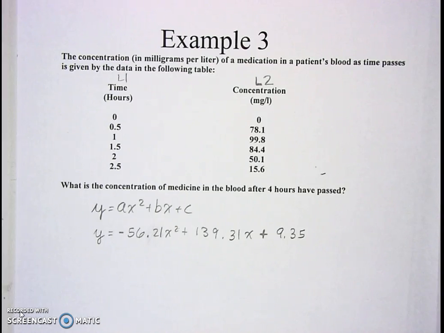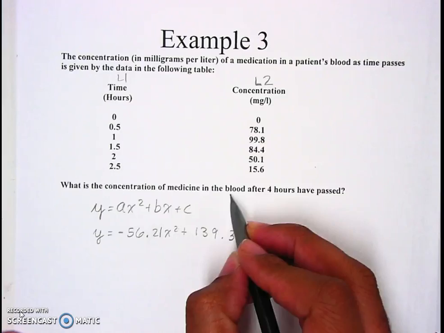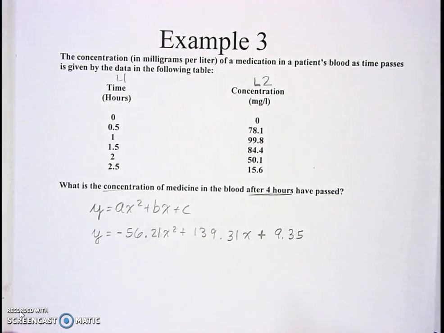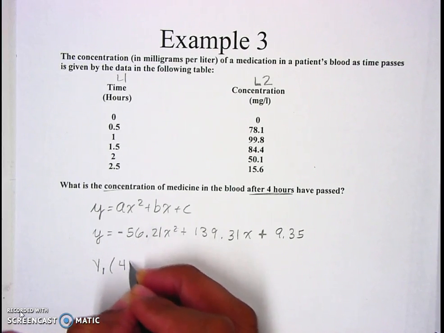There we go. The last thing is trying to figure out the concentration after 4 hours. So we're going to do Y1, and inside the parentheses you put the number 4.